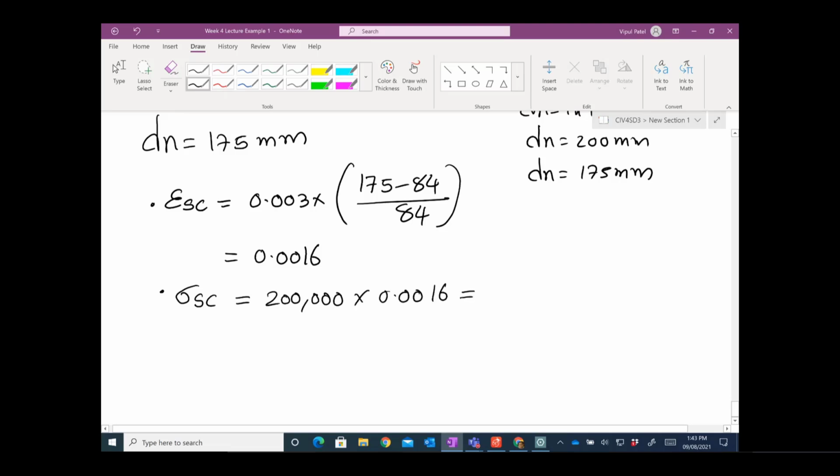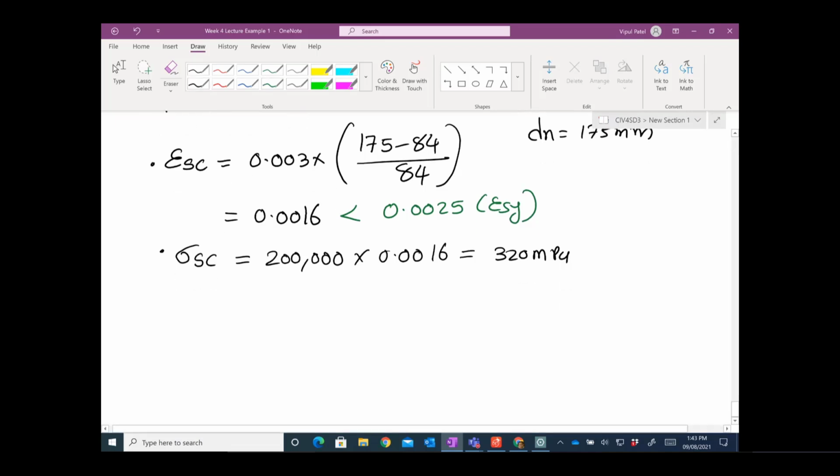Then you will have a stress in the top rebar of 320 megapascals. By the way, this one is still not yielded, because you have a 0.0025 yield strain, right? So it's not yielded, so we need to calculate the stress. We can't use 500.